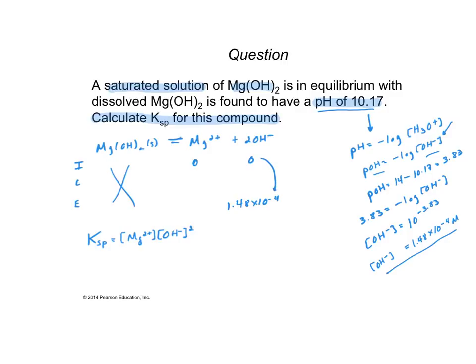The only thing to note here is that to get from here to here, we have to have gained 2x, right? So 2x is equal to 1.48 times 10 to the minus 4. This one would have only gained x. So I'm going to solve for x by dividing my 1.48 by 2. That gives me 7.40 times 10 to the minus 5th. And that is what magnesium is.